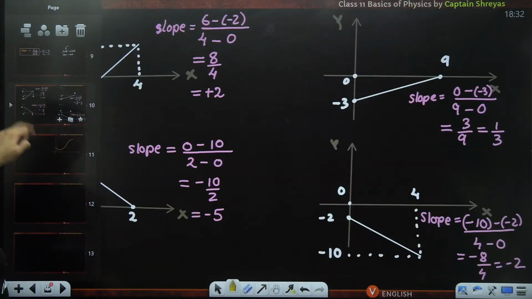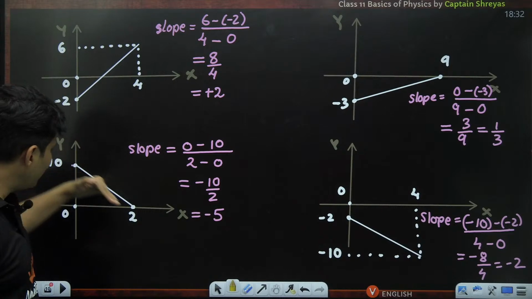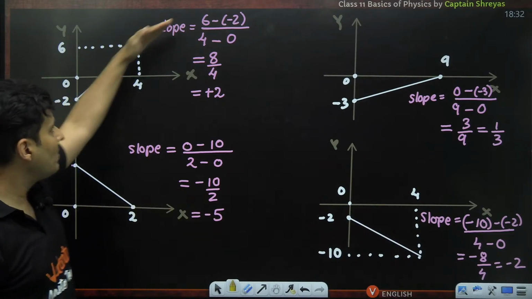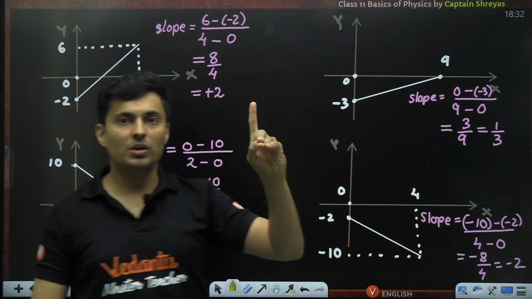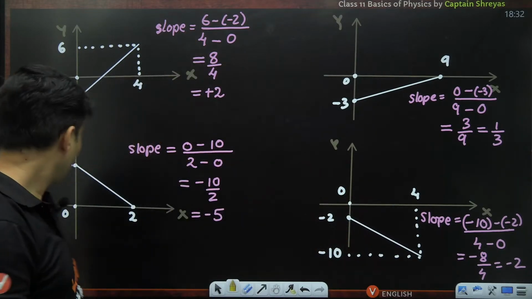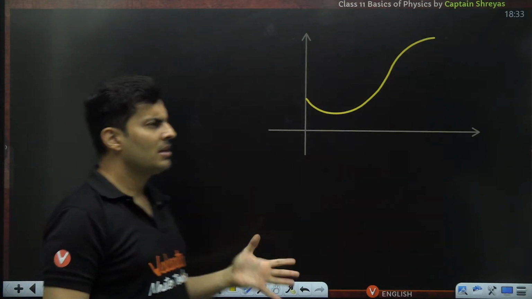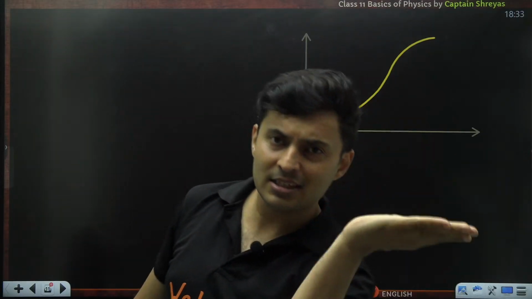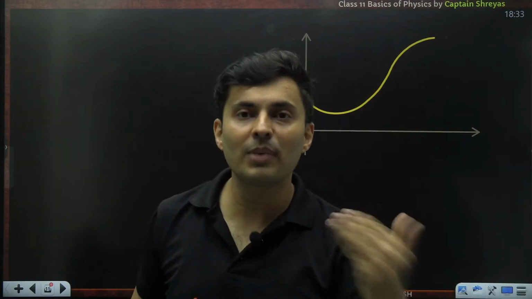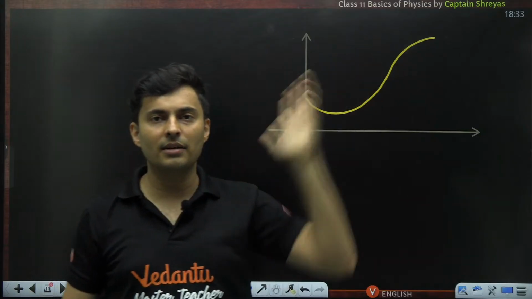See, when you have straight lines, it has the same steepness, same steepness, same steepness. So the slope is constant. But when you have a curve, the slope is not constant, because sometimes it is more steep, then less steep, then more steep. So the steepness changes the moment there is a curve.